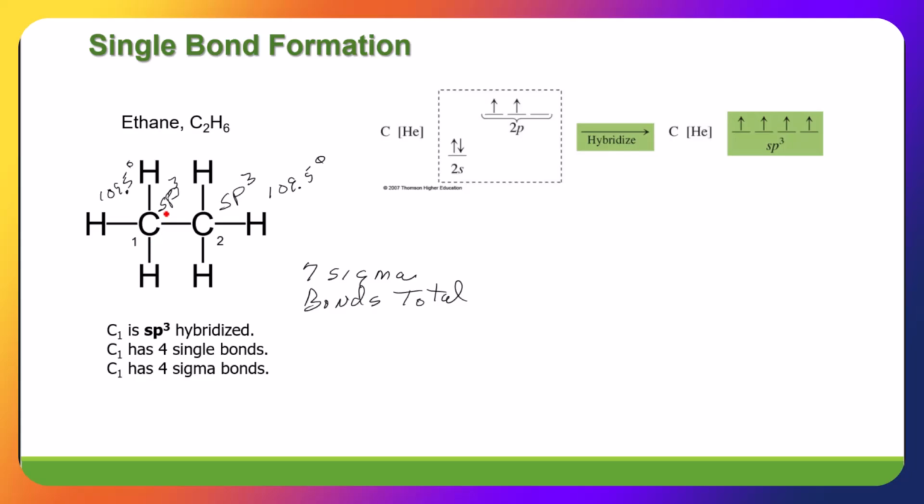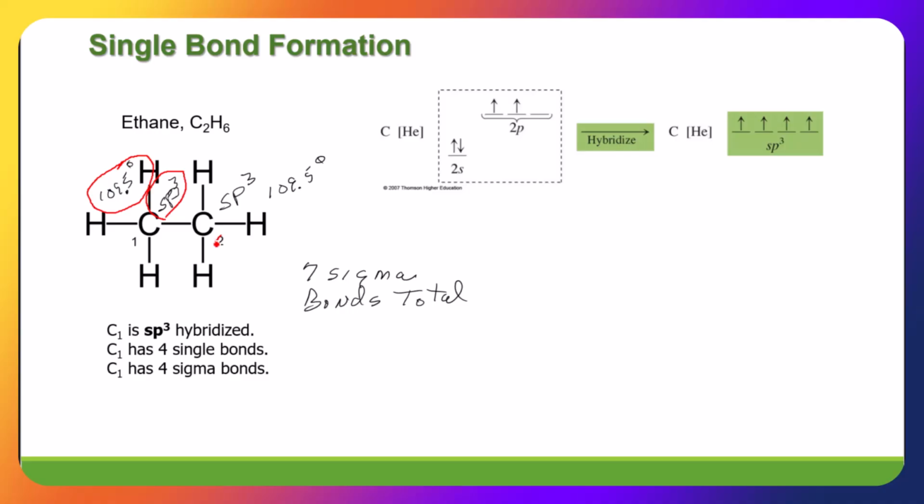That means that this carbon is tetrahedral. It has tetrahedral electron geometry. There are no non-bonding electrons, so the molecular geometry around this number 1 carbon is also tetrahedral, and that means its hybridization is sp3, and its bond angle is 109.5 degrees.